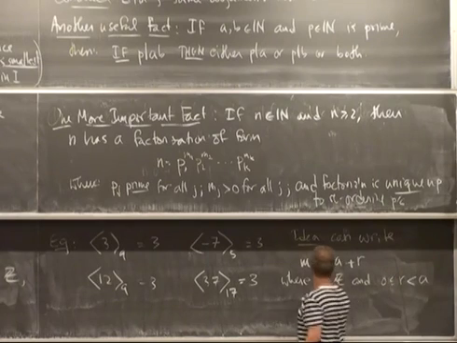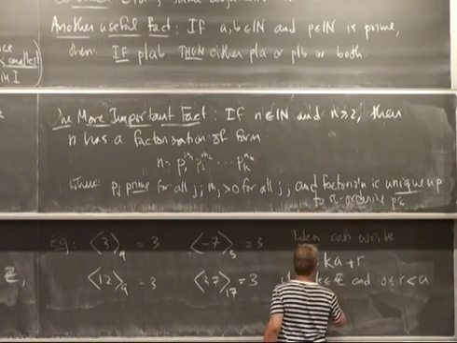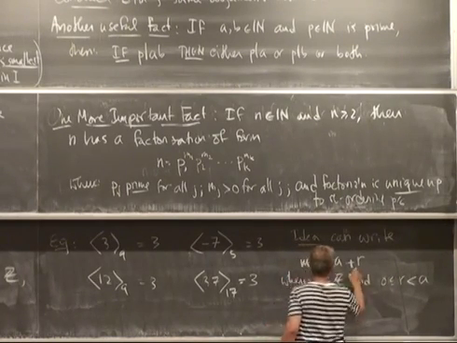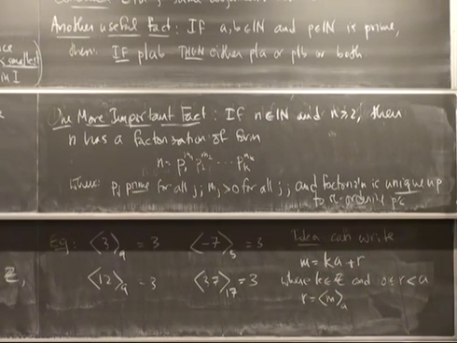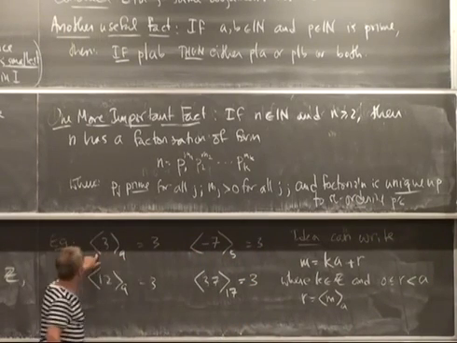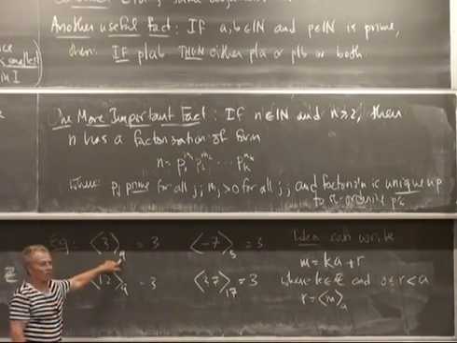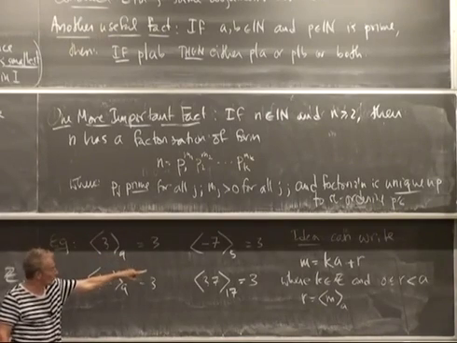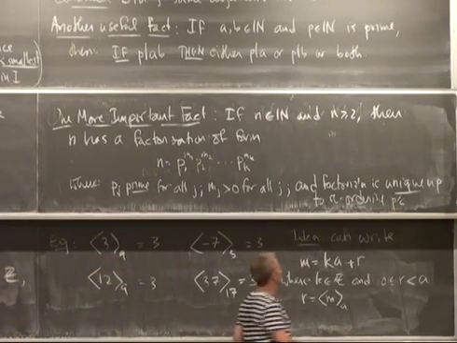R is equal to M mod A. That non-negative remainder you get is equal to the mod A value of m. So, for example, 3 mod 9. K is 0 and R is 3. There's only one way to do that. It's unique.